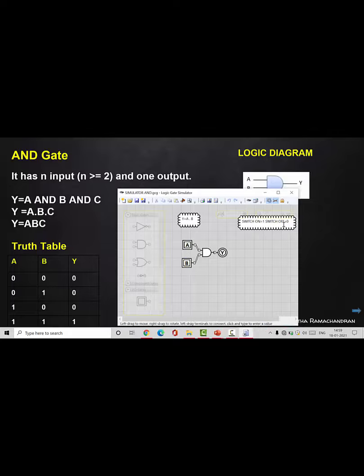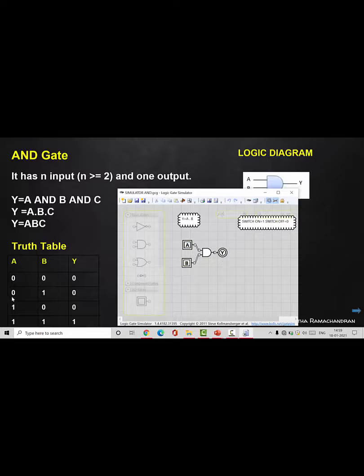Value 0 for the input indicates switch off stage and value 1 indicates the switch on stage. If A is with value 0 and B with value 0, in this case the output remains in off stage.